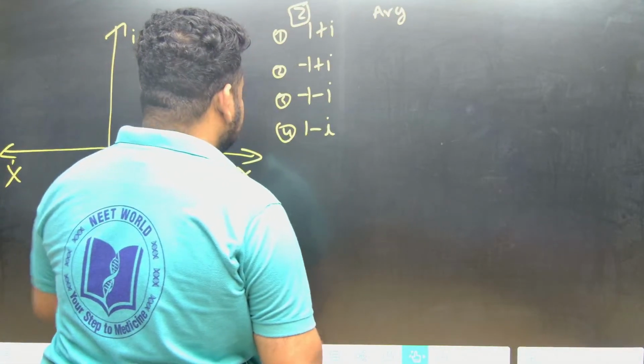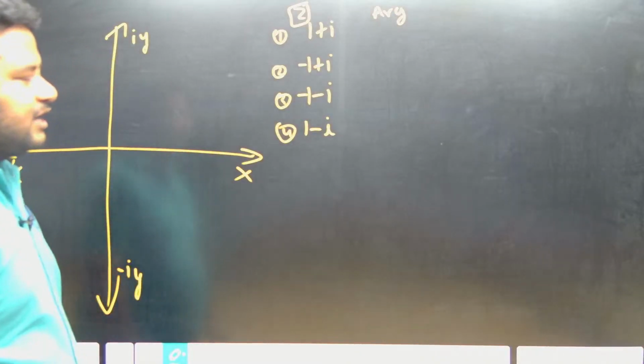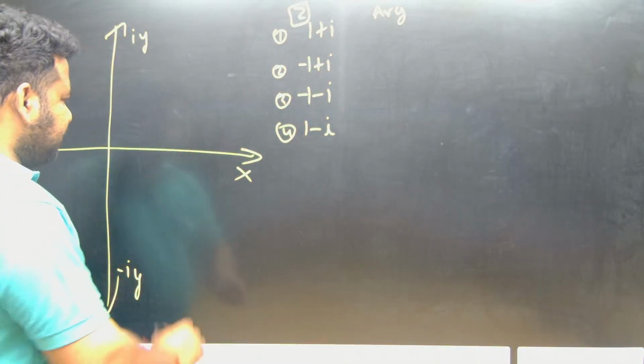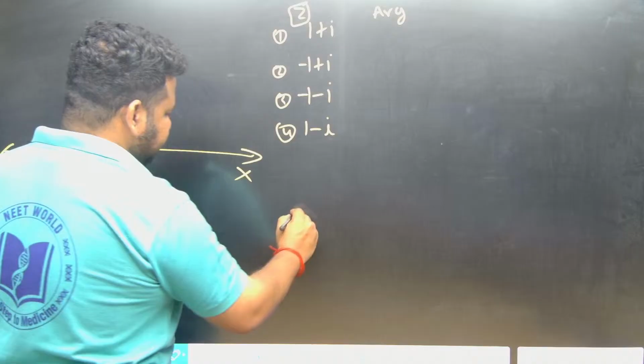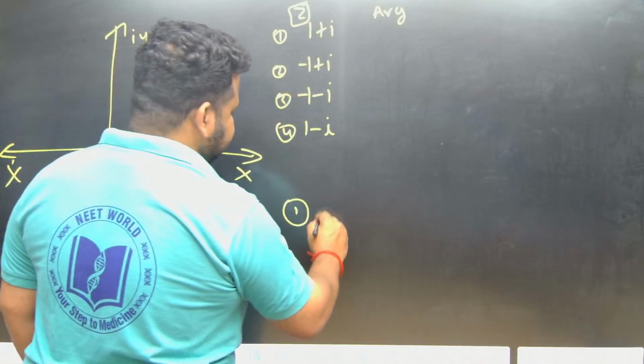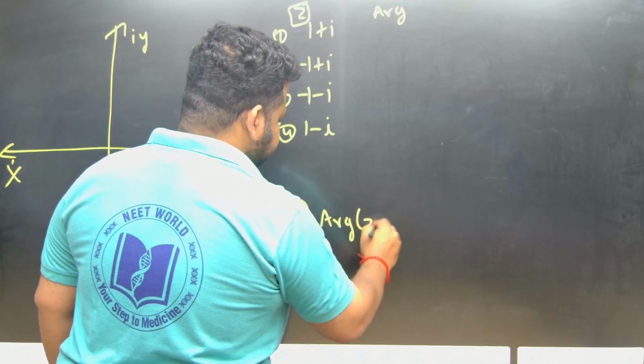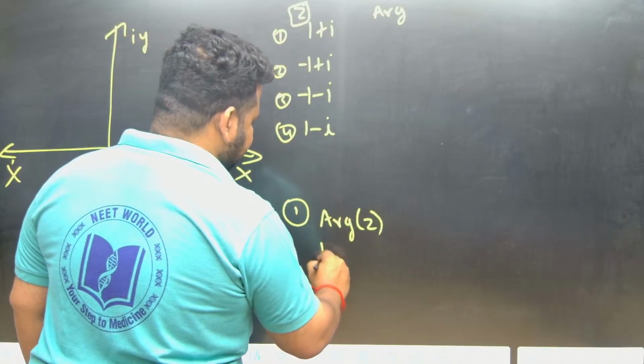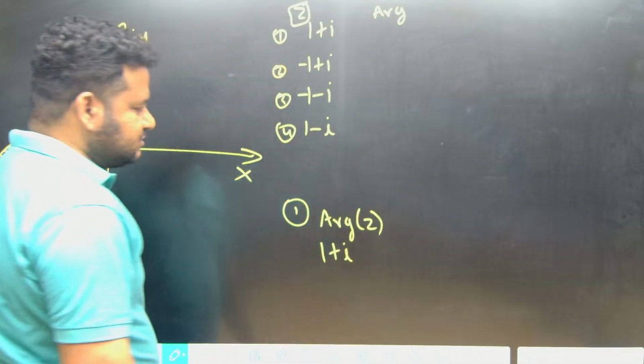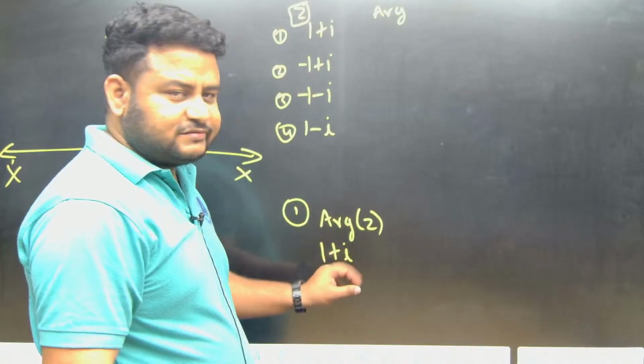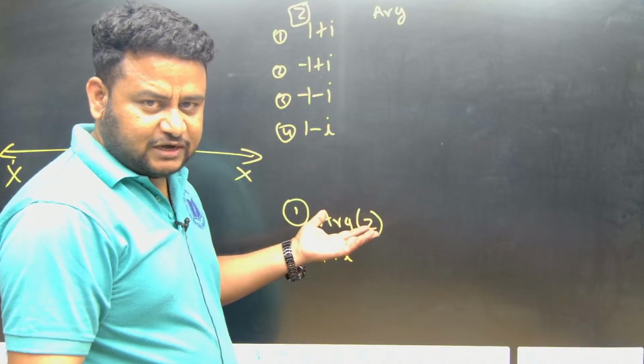Let me bring it down. I hope it is visible now. I have to find the argument of z for each of them. Let me take the first one. What is the question we are having? 1 plus i. First of all I have to find the argument of z, meaning I want theta, but before that I have to find alpha.